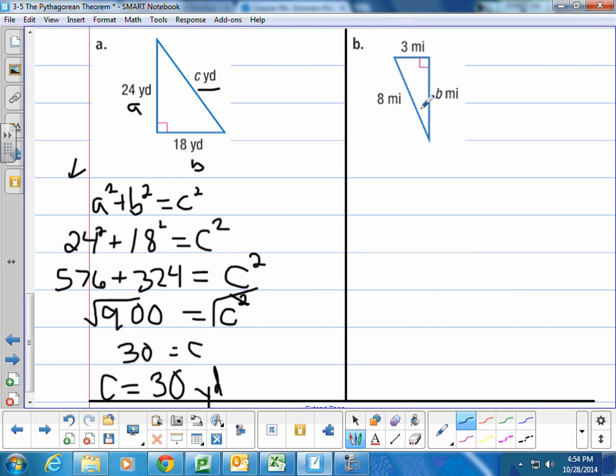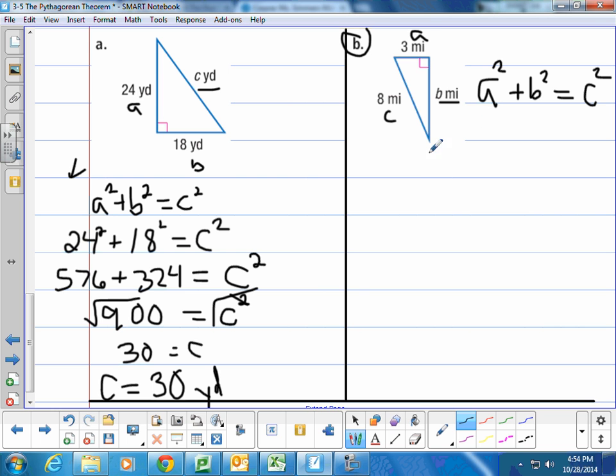You try B here. For B, you are given A, you're looking for B, and you're given C. So again, I'm using my Pythagorean theorem. A squared plus B squared is equal to C squared. So I plug in what I know.